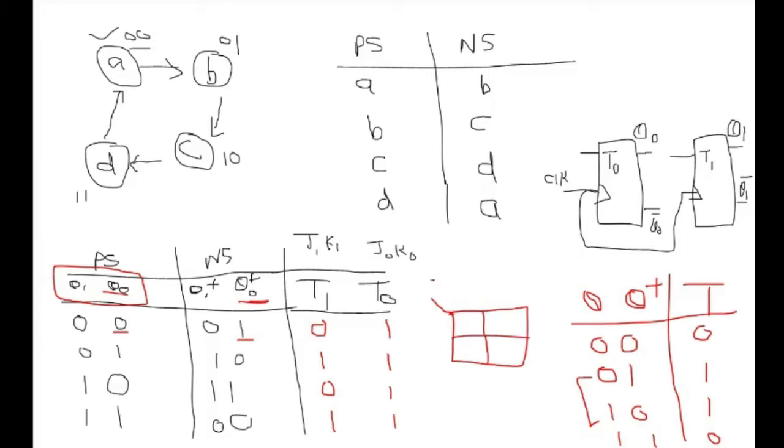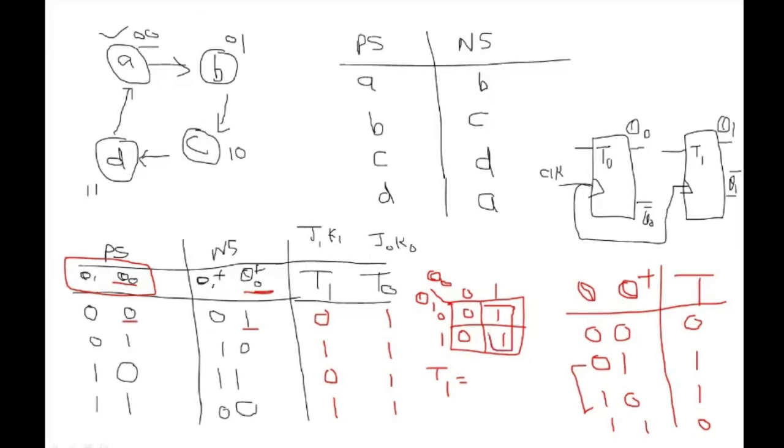So this will be my Q0, this will be my Q1, 0, 1 and 0, 1. I am solving it for T1. So this will be 0, 0, 1, 0 and 0, 1. We will be having pairing of 2 and T1 will be equal to Q0.